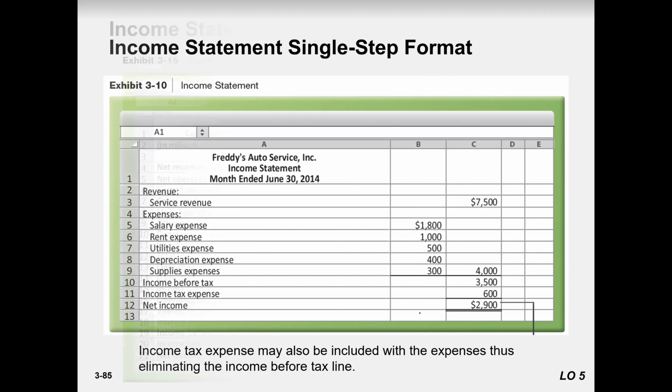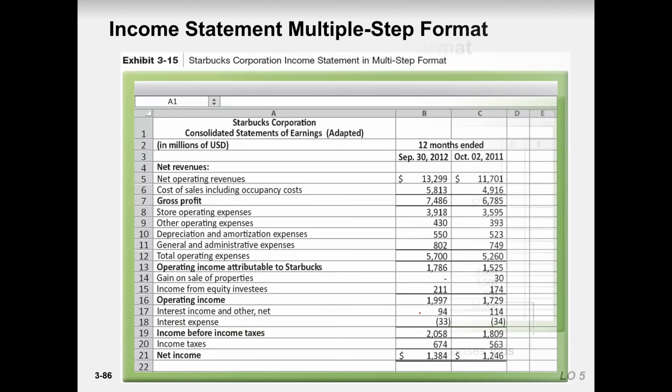But in multi-step, you follow this pattern. Sales or revenue minus cost of goods sold is equal to gross profit, minus all admin and selling expenses. You have operating income.